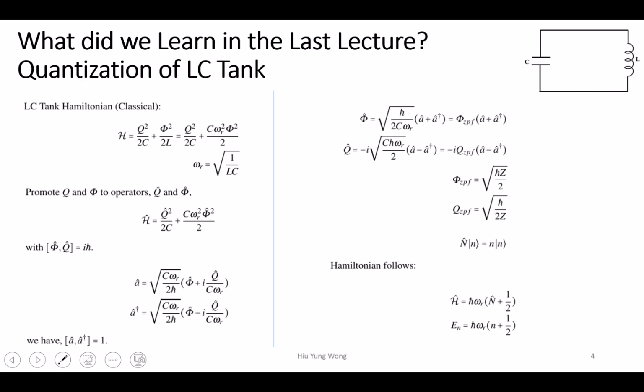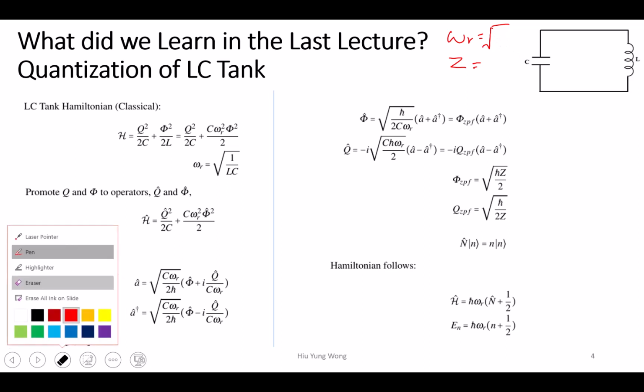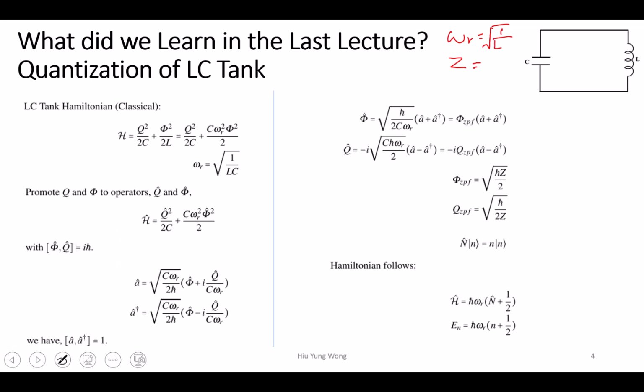For an LC tank, we know from our classical electronics that it has a resonance frequency, omega R equal to square root of 1 over LC, and the characteristic impedance is the square root of L divided by C. Sorry, I said it wrong earlier.